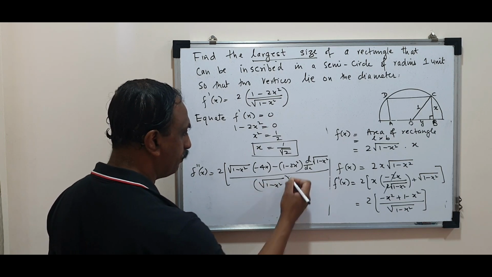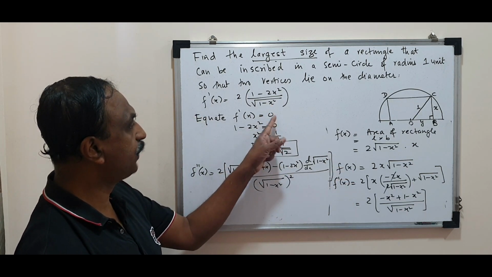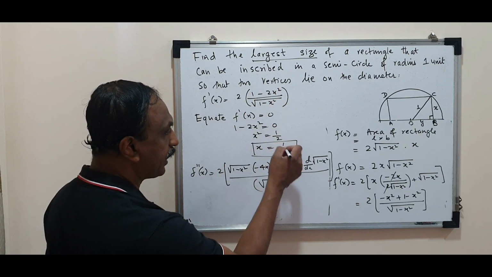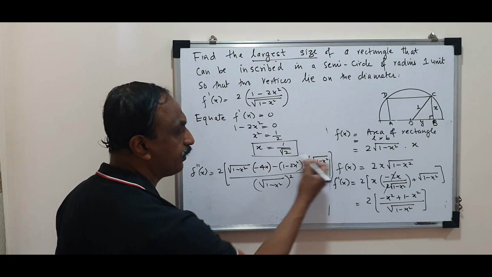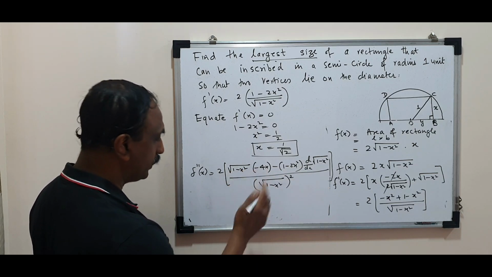Now I don't have to calculate further. If you notice, I have got this x value by equating 1 minus 2x square to 0. So naturally if I replace x as 1 by root 2 here, this part will turn to 0, hence this whole thing will turn to 0. So we need to only calculate this.